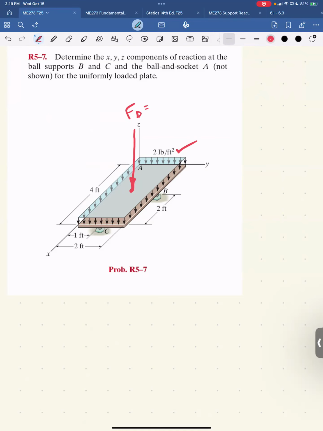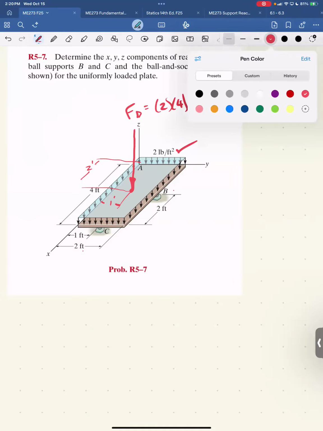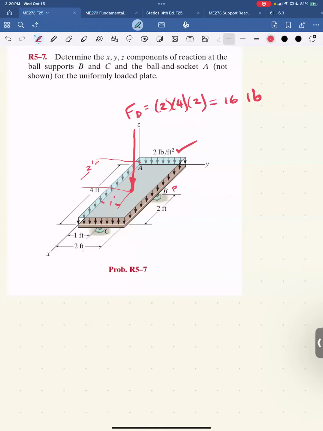And we know where it is, right? It's in the center, so this is 2 feet. And this distance here is 1 foot. He tells us I have ball supports at B and C. So let's keep it in red. So there's a ball joint here and a ball joint here.